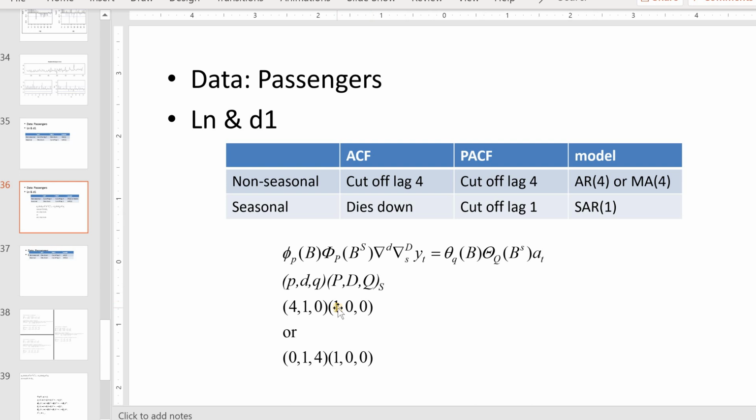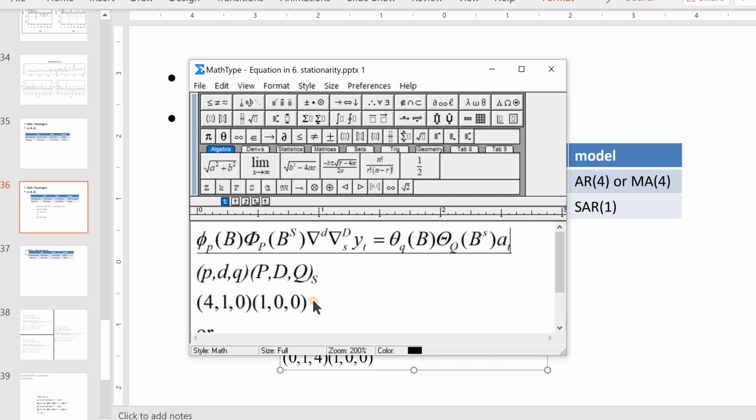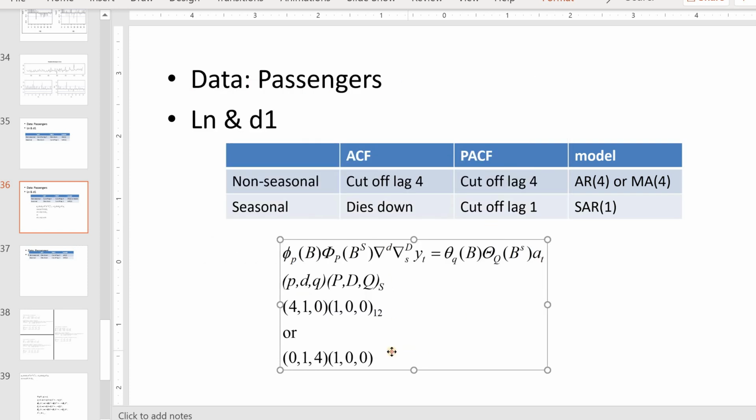So we put here 1. And then for seasonal MA, there is no order, so 0, and also no differencing at the seasonal lag. So (1,0,0) for the seasonal. Okay, so capital here means for the seasonal. I should put here 12, which means that the seasonality is 12.